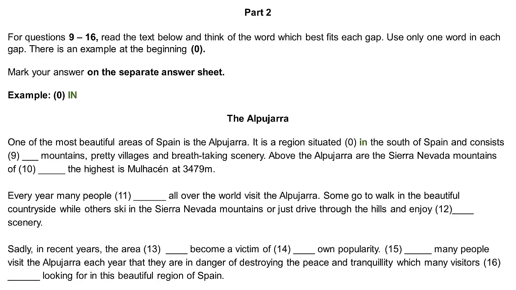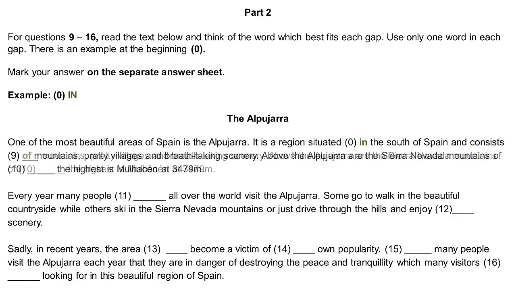Okay, when you've read all the text, go back to the first gap, which is number 9. Now before the gap, there's a verb, to consist. Is this verb often followed by a preposition? Yes, it is. It consists of.